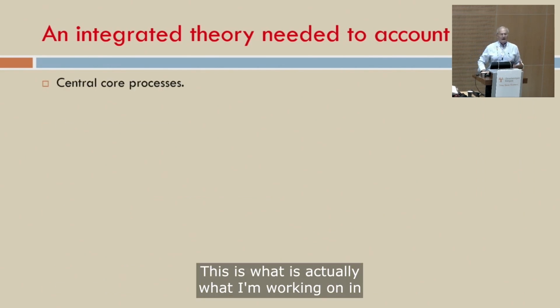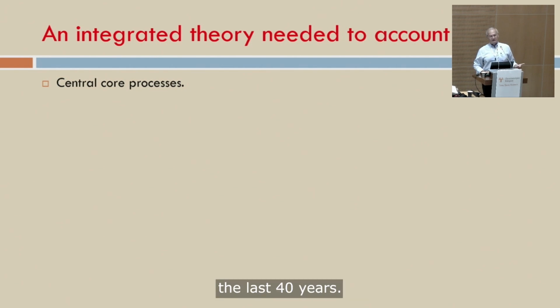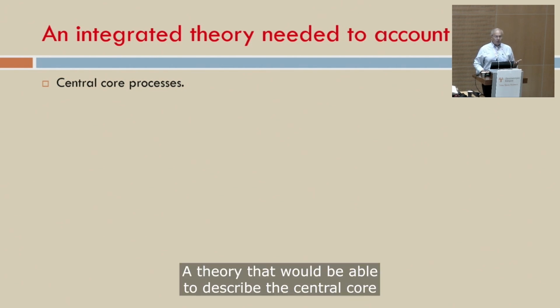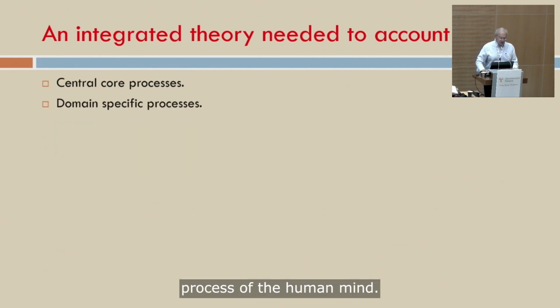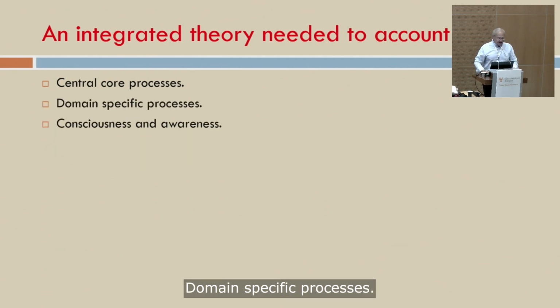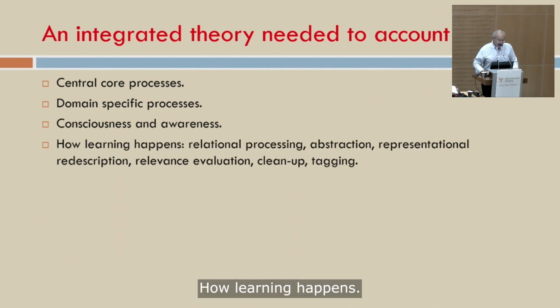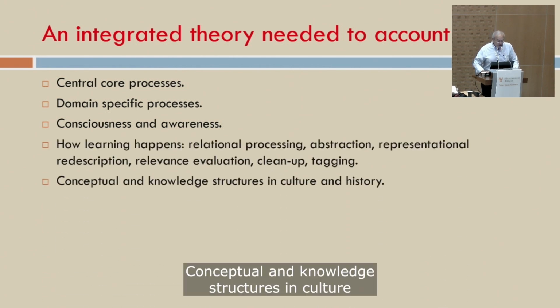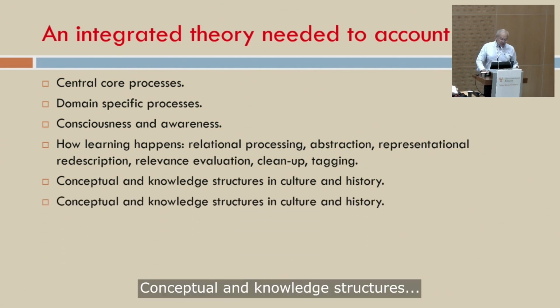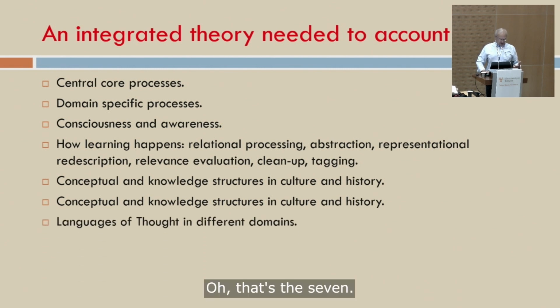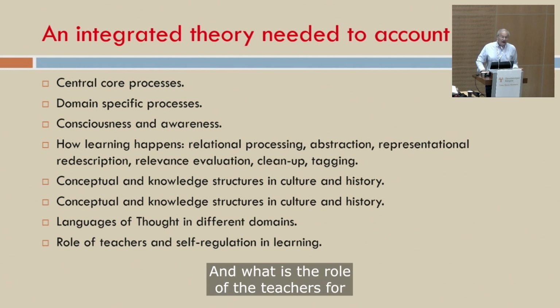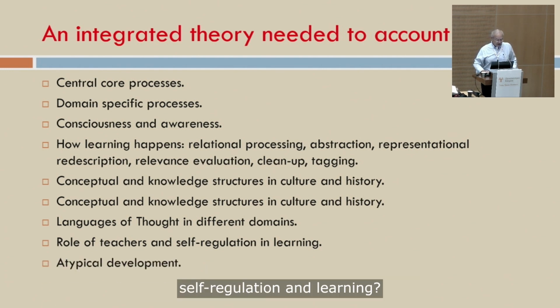This is actually what I'm working on in the last 40 years. A theory that would be able to describe the central core process of the human mind, domain-specific processes, how consciousness and awareness emerge, how learning happens, conceptual and knowledge structures in culture and history, how thought is organized, and what is the role of the teachers for self-regulation and learning.